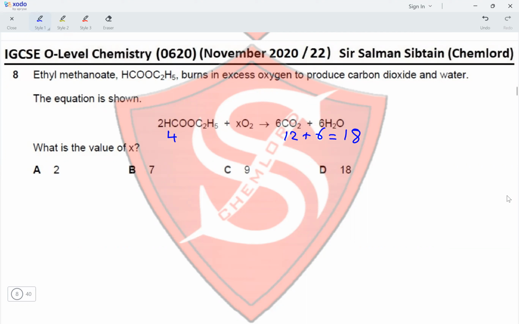So the number of oxygen atoms that would be required would be 18 minus 4, which gives us 14. And since we have O2 present, this would be 14 divided by 2, which would give us a value of 7 for X, making option B the correct option for this question.